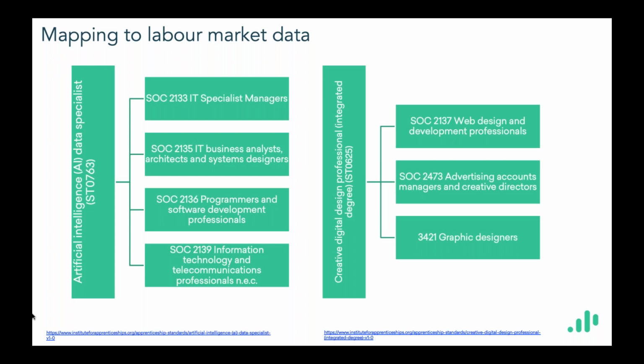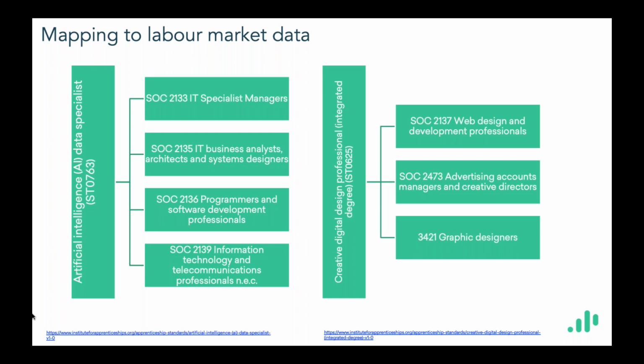So here you can see a couple of examples where we've taken a standard, we've looked at the job outcomes described in that standard, and then we've mapped those to the appropriate SOC codes. Now, the Creative Digital Design Professional standard on the right was a much more straightforward mapping than the AI Data Specialist standard on the left. And that's because in the SOC 2010 definitions that we're using, and we will be moving to SOC 2020 once enough data is actually being reported in SOC 2020, there aren't any dedicated data classifications.